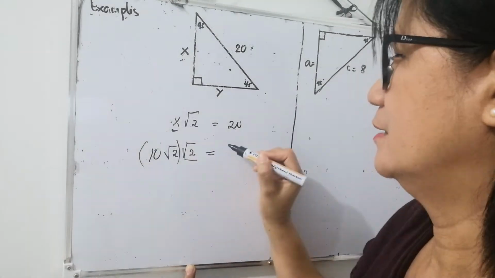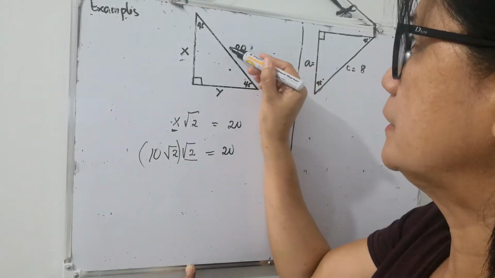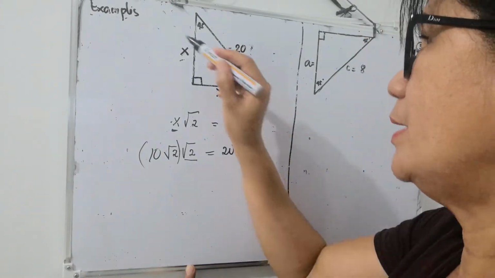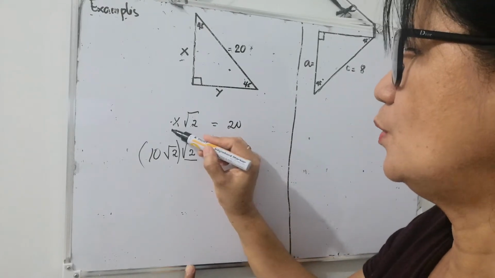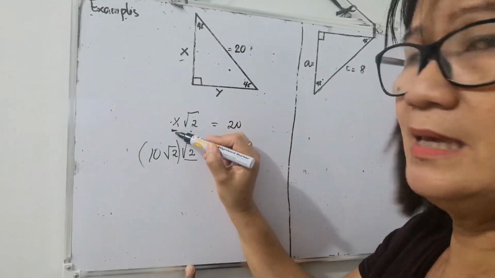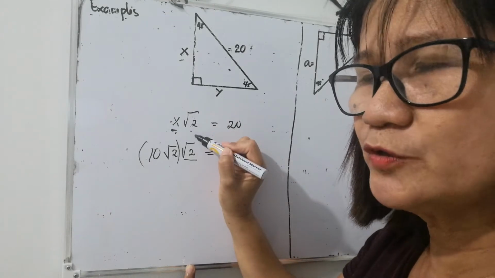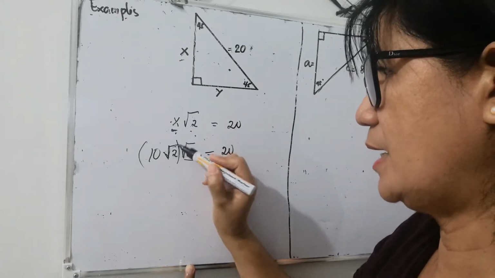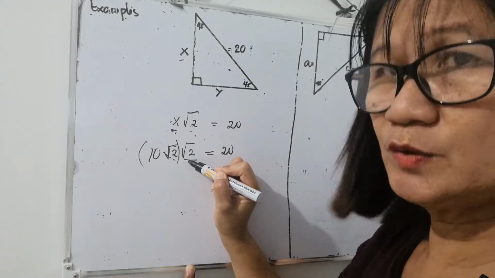10. Di ba? Okay, ulitin ko ha. This time, ang unknown ay yung hypotenuse. So, ano kaya yung leg natin, the measure of the leg? So, you have to multiply the square root of 2 by x. Ano kaya yung imumultiply natin sa square root of 2 para maging 20? Okay, so i-rationalize natin, no? Square root of 2 times the square root of 2 is the square root of 4.